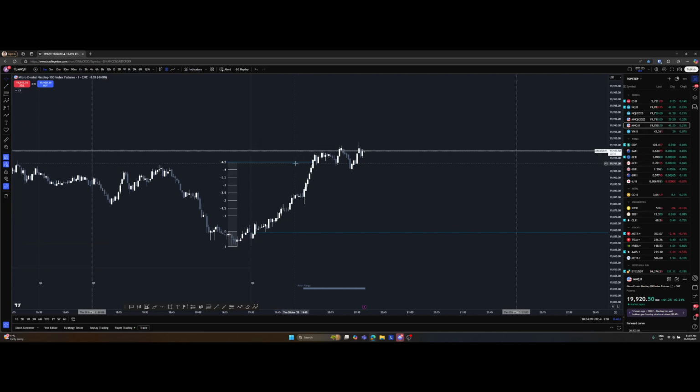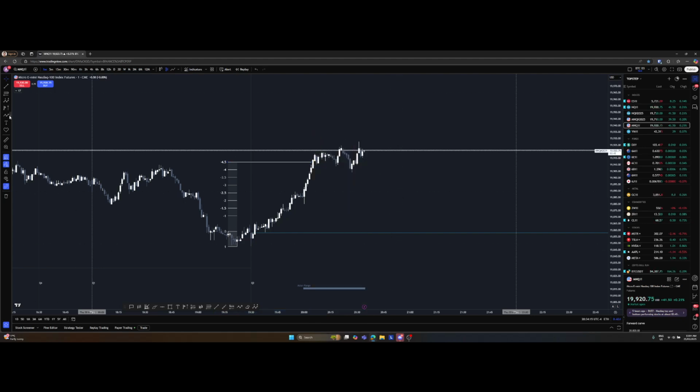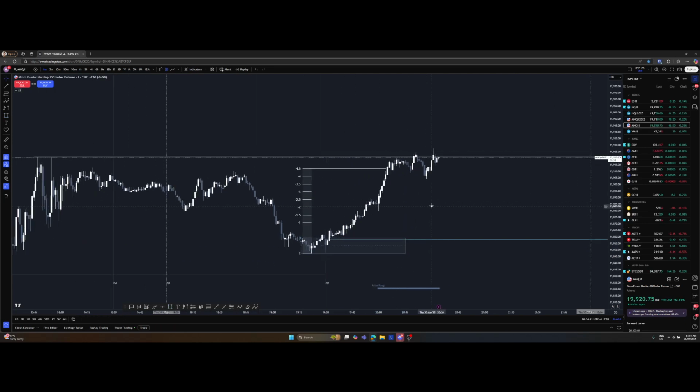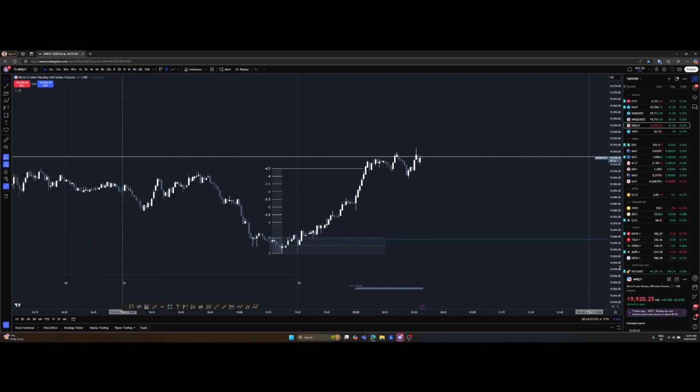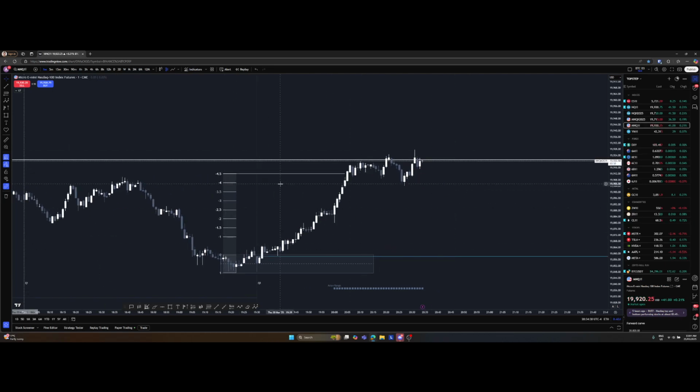SD 4.5. So the same strategy can be used on the 1 minute. I just prefer the 5 minute, it ends up a lot cleaner and we do get bigger moves.